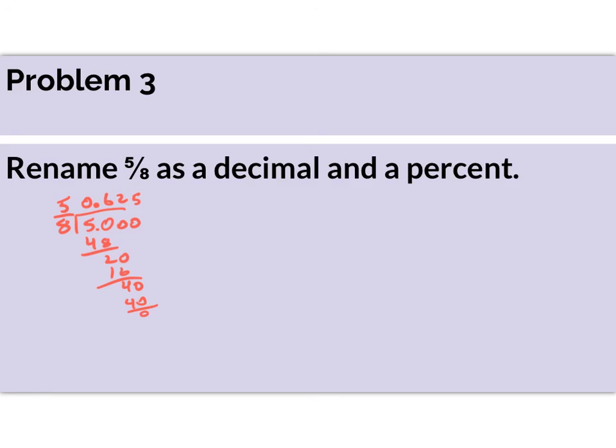We get 0. So as a decimal, 5/8 is 0.625. And then as a percent, you just multiply by 100. So this is our answer as a decimal. Then to make it a percent, we multiply by 100, and we get 62.5%.